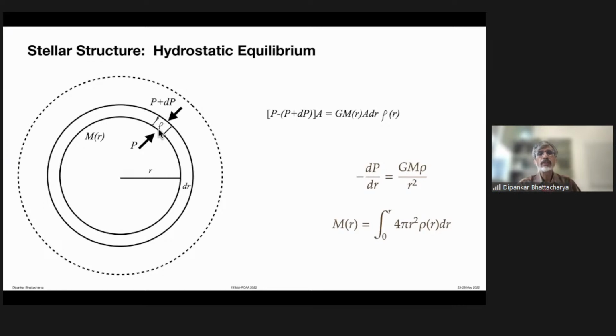Gravitational force acts on this. Gravity is produced by matter which is within this shell. The amount of mass within this shell, let's call that capital M at r.